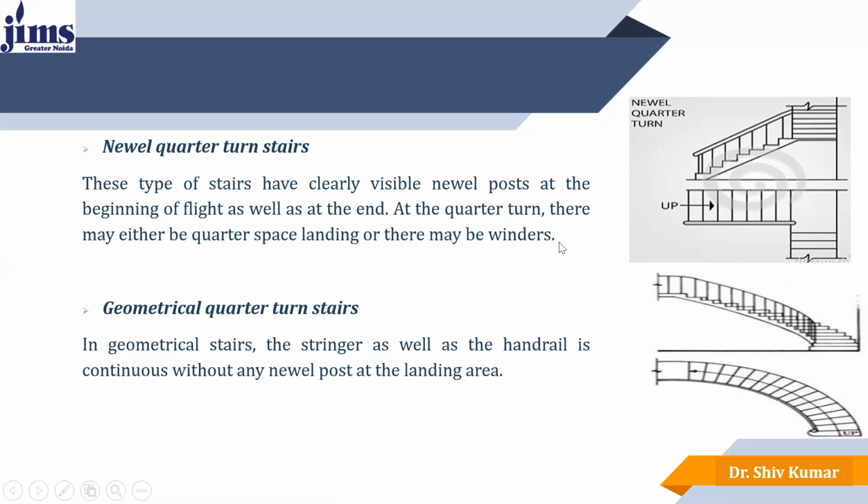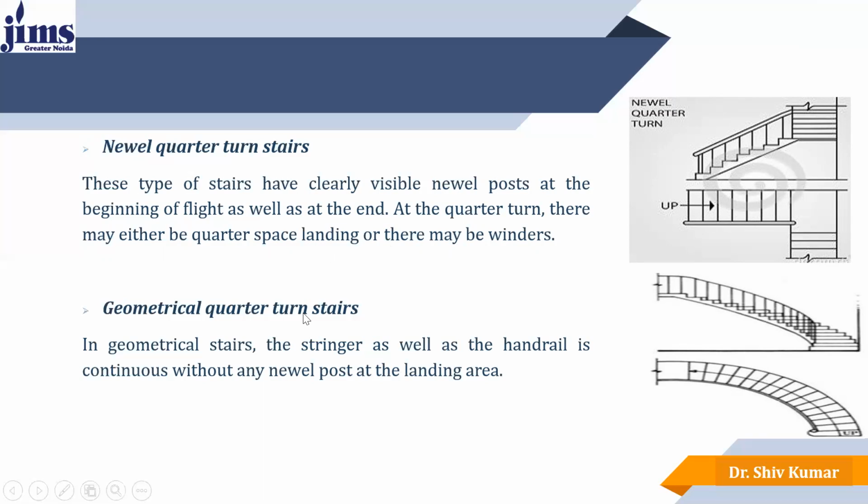At the quarter turn, there may be either a quarter space landing or there may be winders. At this turning, these are called the winders, which may be conical in shape, or there may be a landing, which seems like a rectangular or square shape.